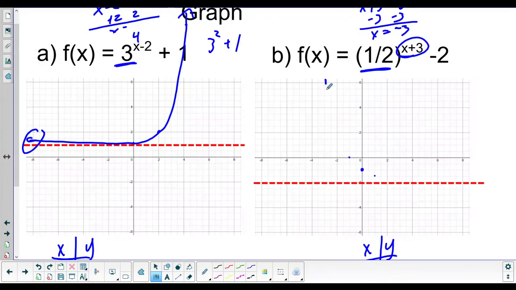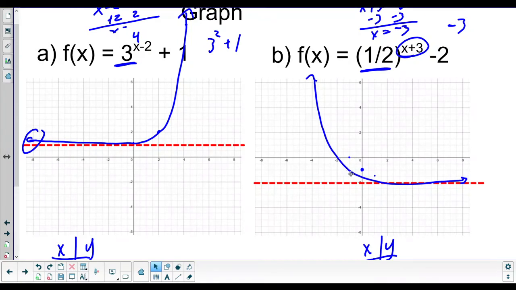Okay. But here's our h value. Remember, h does the opposite. So this says plus 3, so we would want to go minus 3 or left 3. So if I just take this whole graph and go 1, 2, 3, that's probably pretty stinking close to what it would look like if I plugged in numbers.